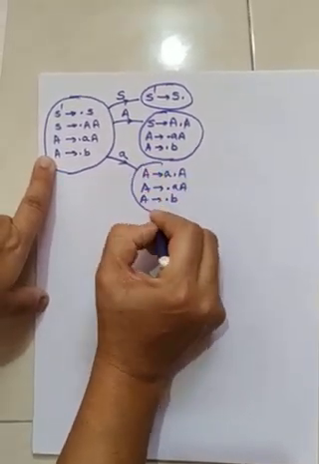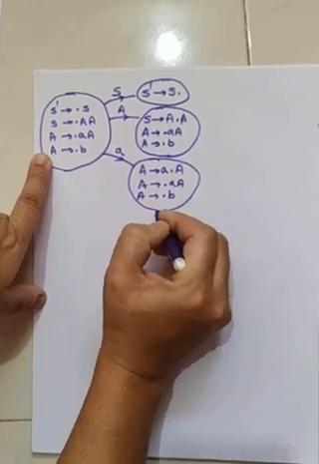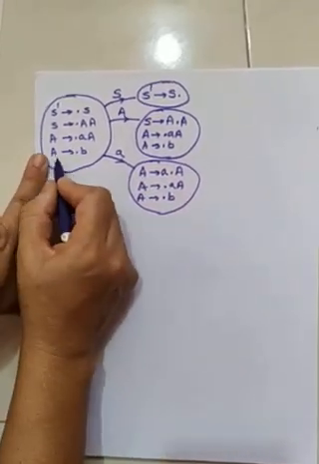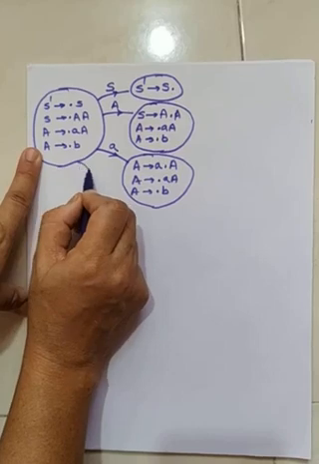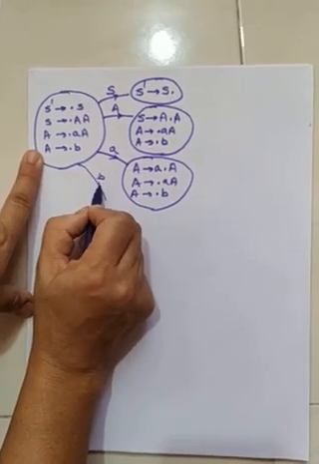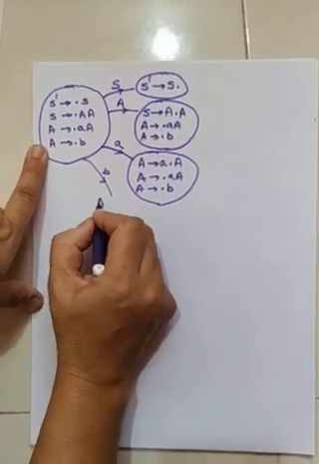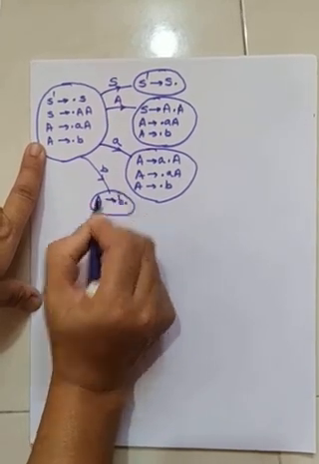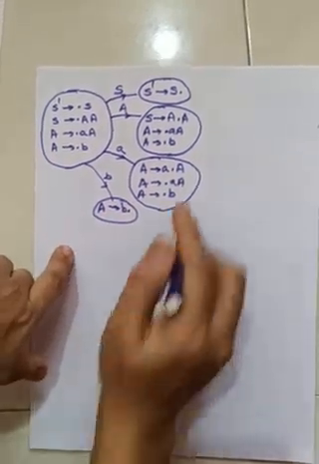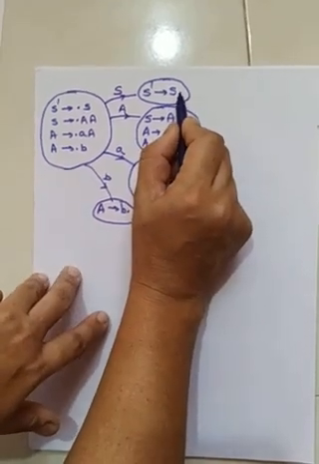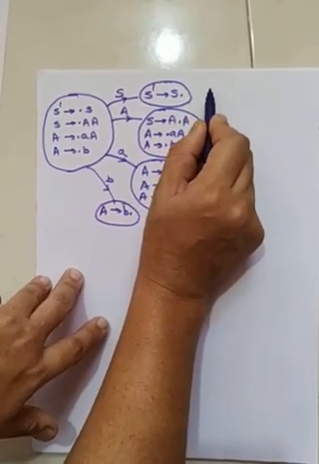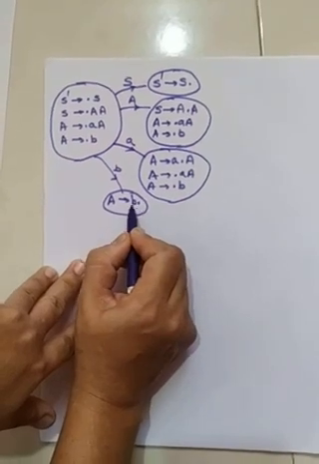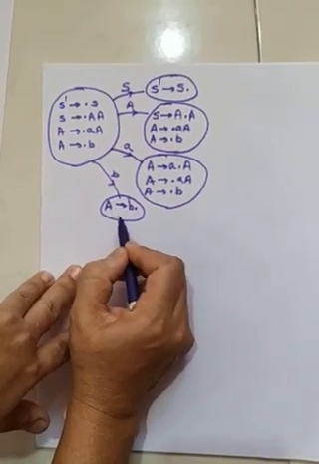So this is the complete state. And finally, A producing dot b: the b will get parsed here and we get A produces b dot. Now here, as the dot is at the end, this is the final state. Here also the dot is at the end, so this is again a final state.